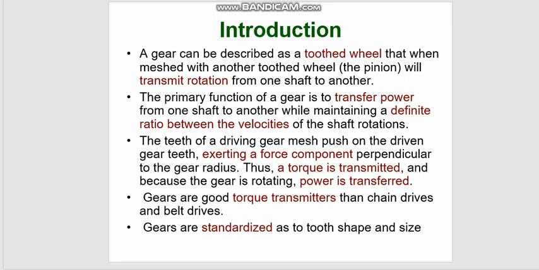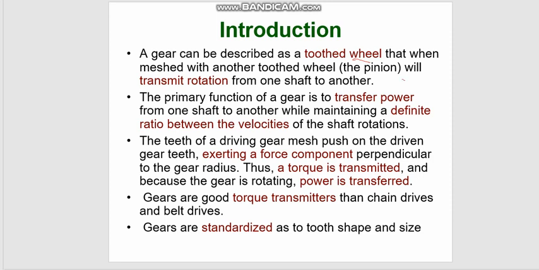So that's how you transfer power in a belt system. But in the gear system, you have two tooth wheels close to each other, and the power is transmitted by means of the meshing of the teeth of the two gears.